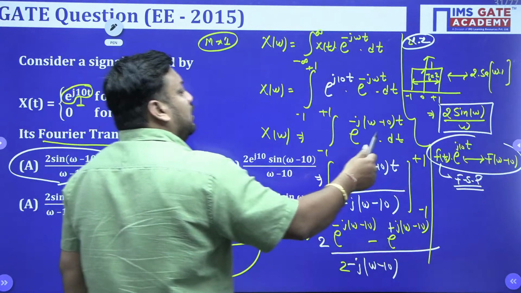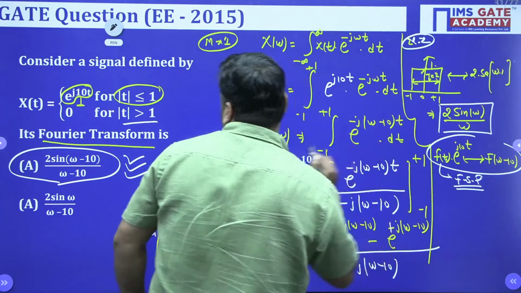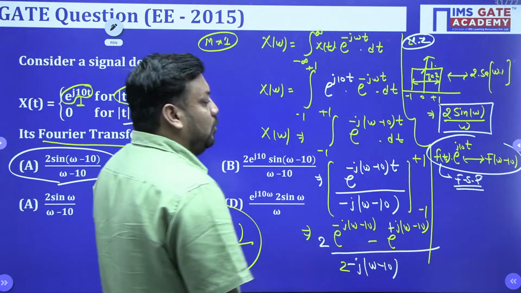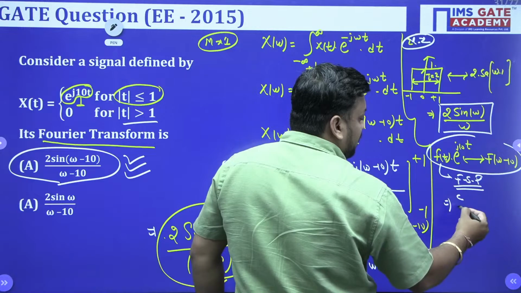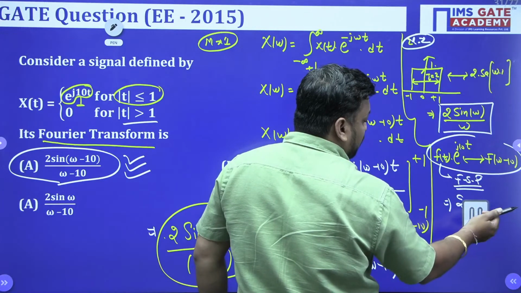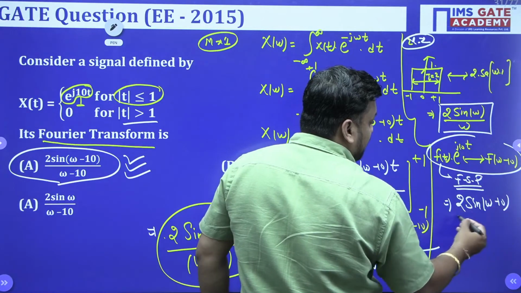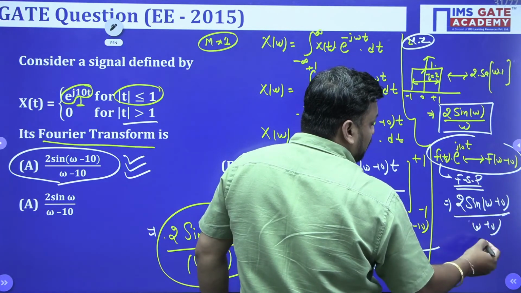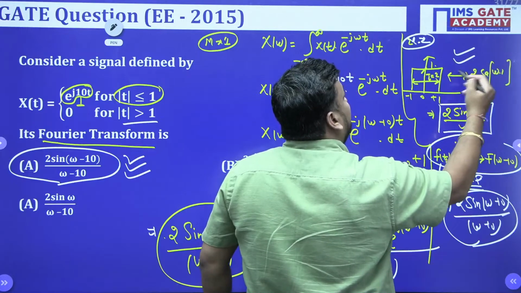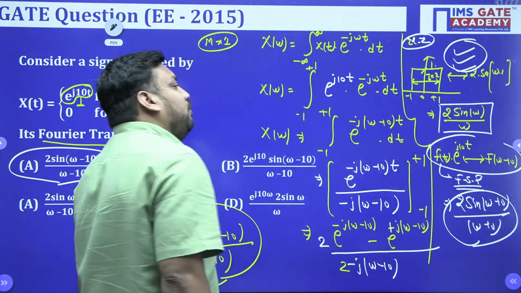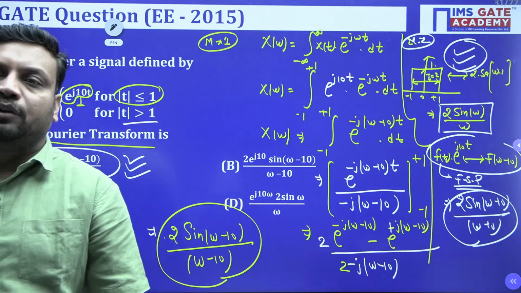Because of the 1 here, when you multiply 1 into e to the power j tan t, it is F of omega minus tan. So your answer will be 2 into sine of omega minus tan upon omega minus tan. So this is the best approach, a convenient approach, and by using it you have the opportunity to save your time.